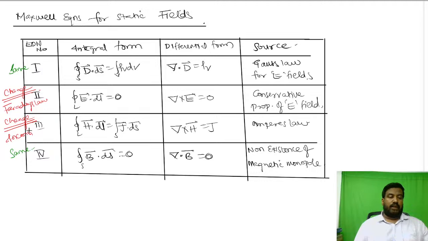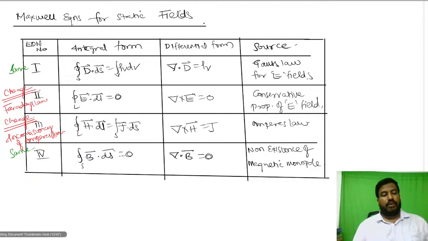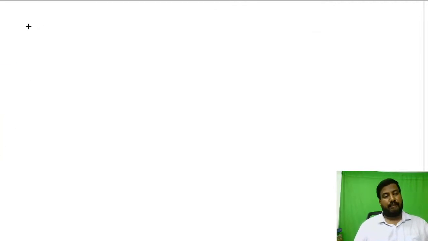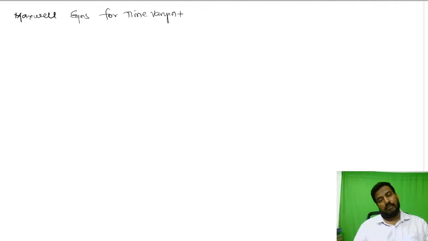Equation 3 is changed by using the inconsistency of Ampere's law. If you include these two changes, then you'll get Maxwell equations for time varying fields.